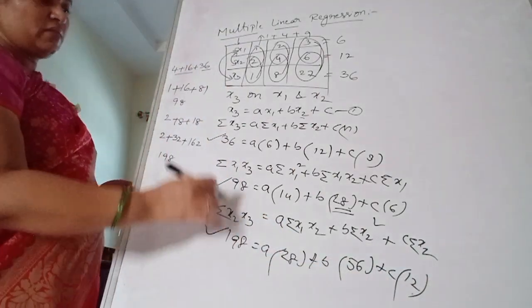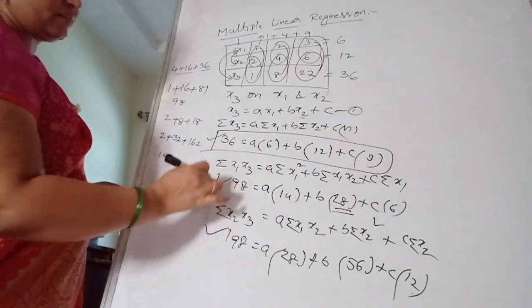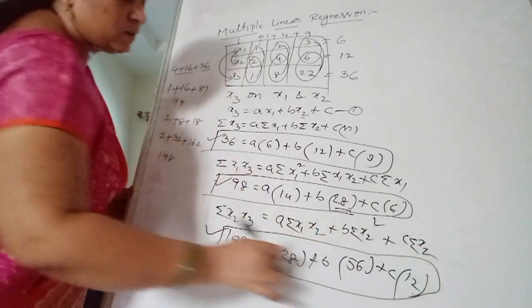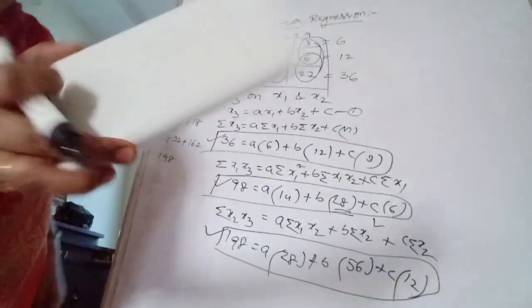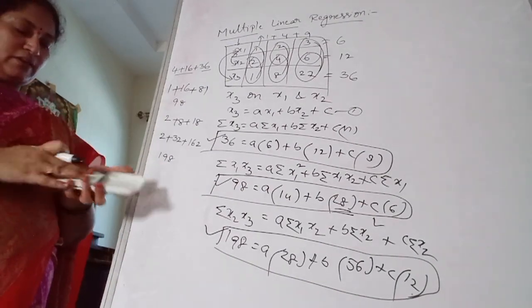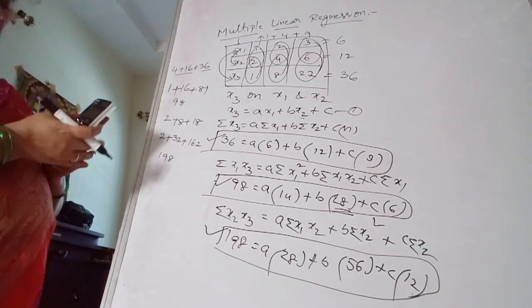Now we solve these three equations for finding the values of a, b, c. Here we are using the calculator for solving these three equations. How to solve these three equations using the calculator? First we take the calculator.